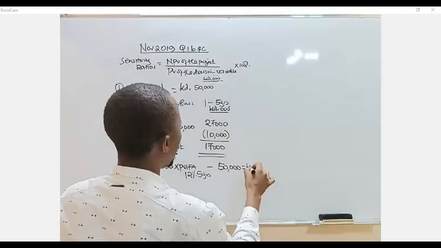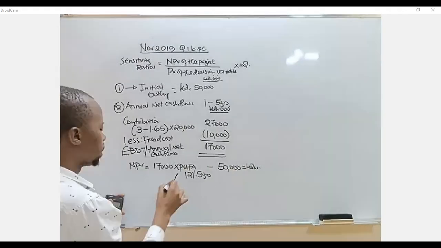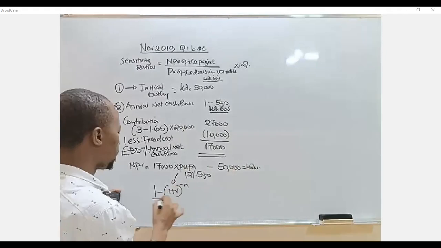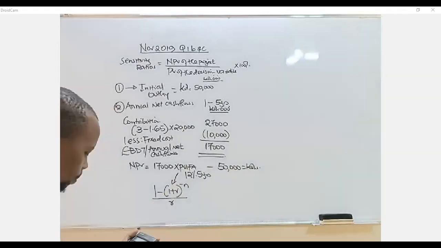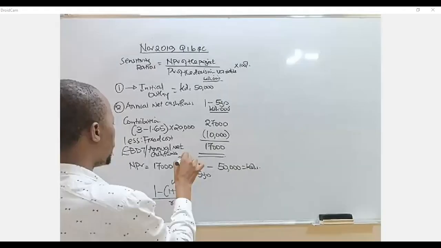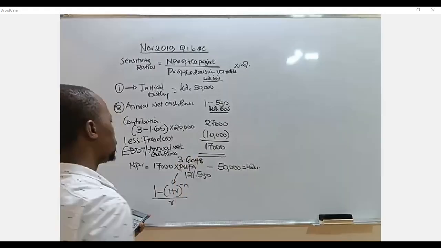So how much is this? Let me use the formula which I said here. You take 1 minus 1 plus r raised to the power negative n, and you divide by r. So it will be 1.12 raised to the power negative 5, 1 minus the answer, then we divide by 0.12. I'm getting 3.6048.